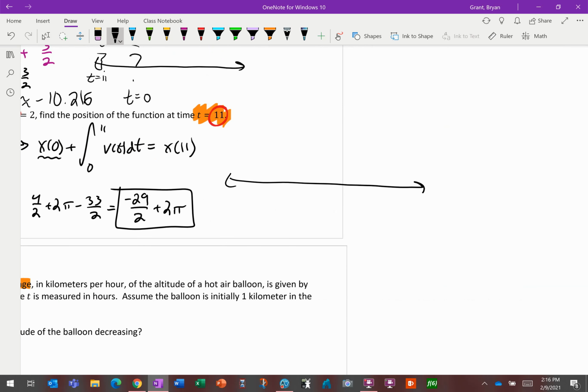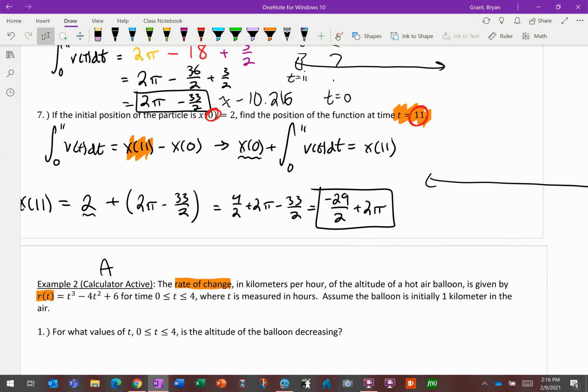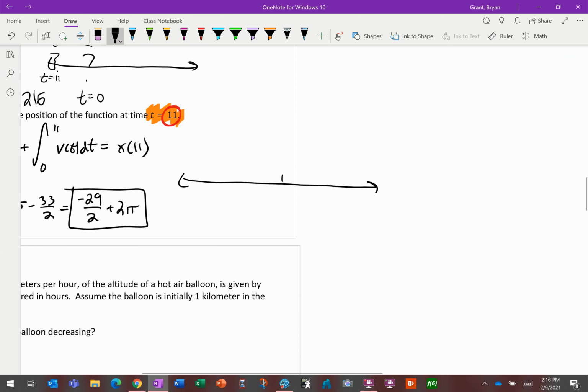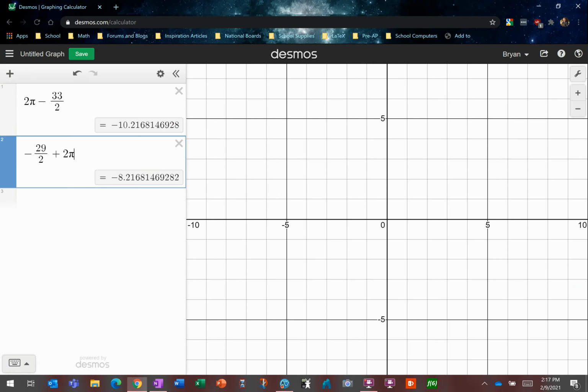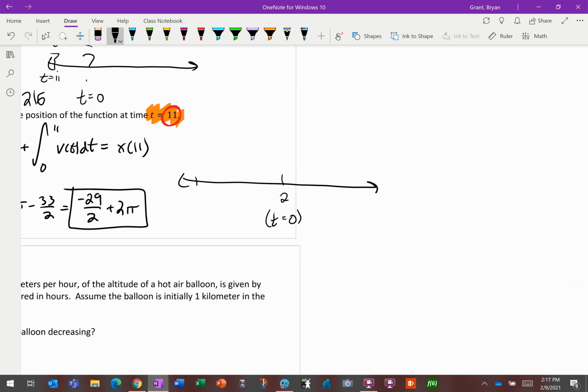We're going to put 2 values on here. In particular, we started at an x value of 2. So I started over here at 2, and that occurred at a time of 0. And I ended up, where did I end up? I ended up at negative 8.216, and that occurred at a time of 11. Okay?